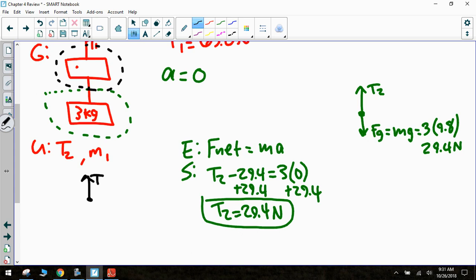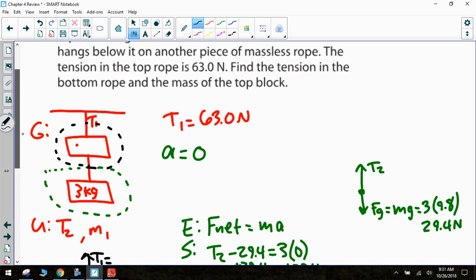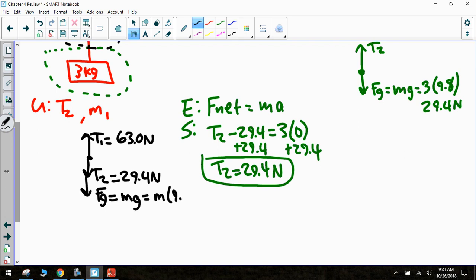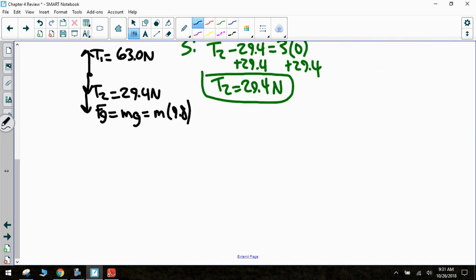I've got T1, which was equal to 63 newtons. Going down, I've got T2, which is 29.4 newtons. And also going down, I've got FG, which equals the M, which I don't know, times G, so M times 9.8. The acceleration again is 0.